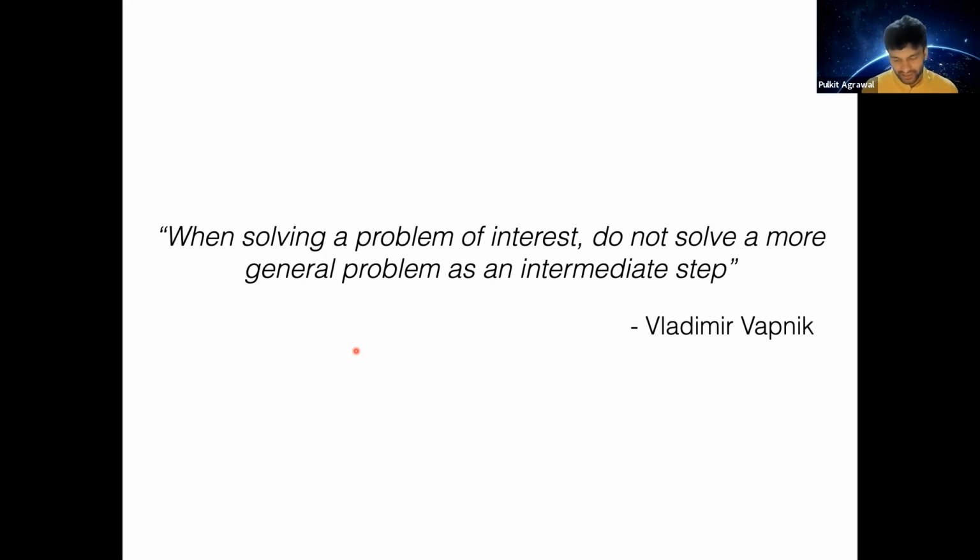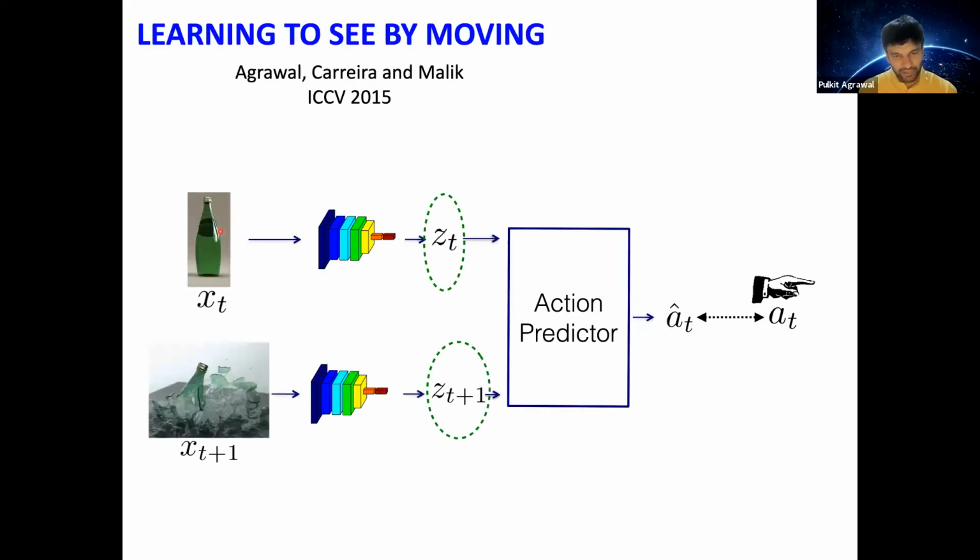One thing we could do is try to directly predict the actions. So I can say, given my image x t and x t plus 1, let me try to predict my action a t directly. It turns out you can pose this as a prediction problem.